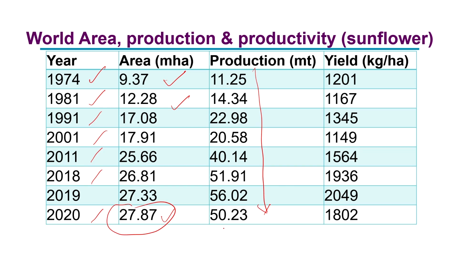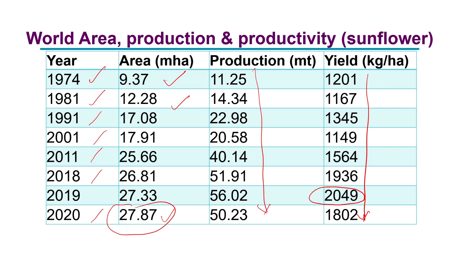Now coming to the last column, which is productivity or yield. Yield also increased consistently and continuously. You can see with time there is an increase in the yield, and initially in 1974, for example, it was 1201 kilogram per hectare, which changed to 1167 kilogram per hectare in 1981, and it continuously increased up to 2019 when it was highest, at 2049 kilogram per hectare seed yield of sunflower.